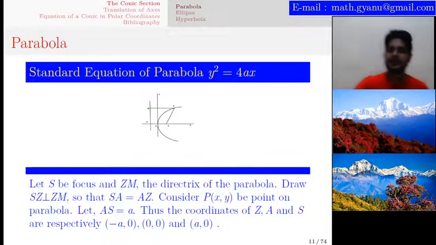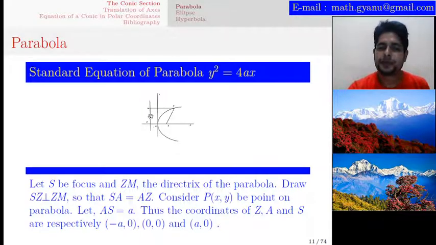You may use the distance formula, using the coordinates P(x, y) and S(a, 0) to find PS, and M(-a, y) and P(x, y) to find PM. Or to find PM, we know the equation of the directrix, this line ZM, is x + a = 0, so we find the perpendicular distance from a point upon the line ZM.